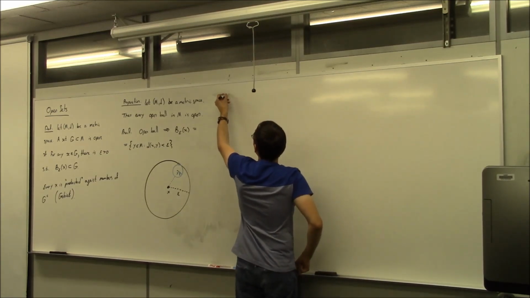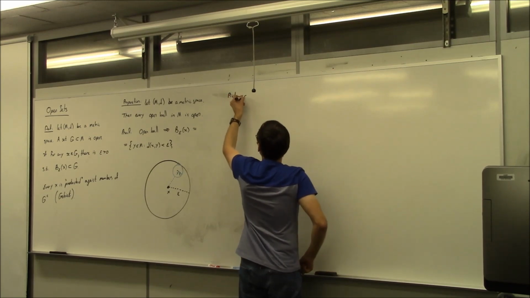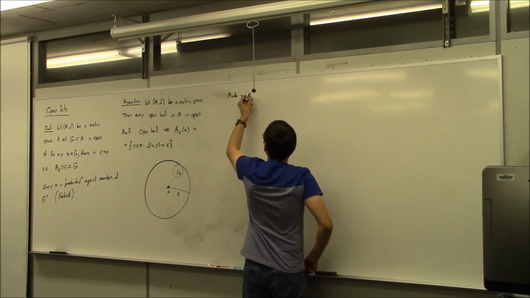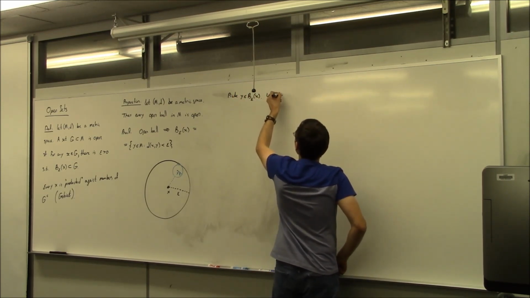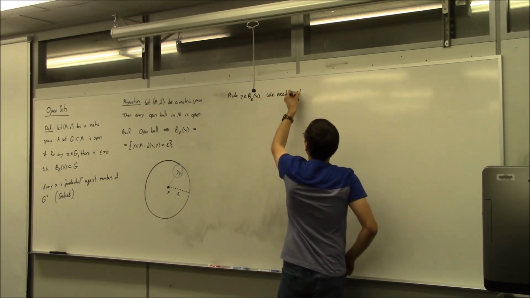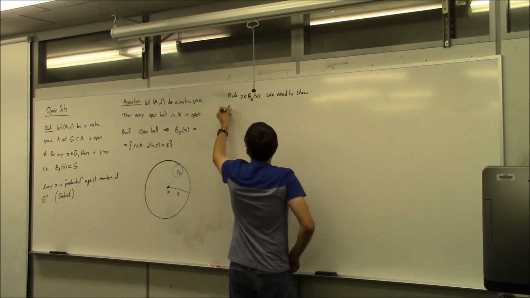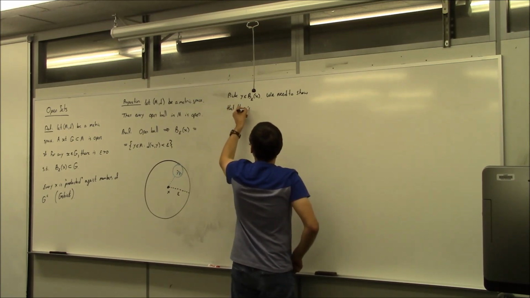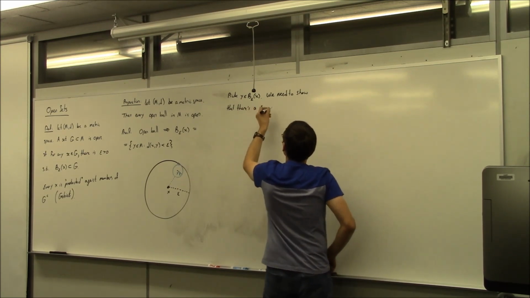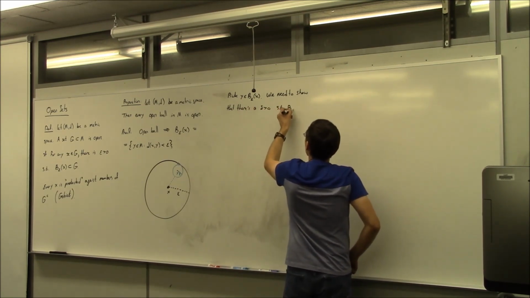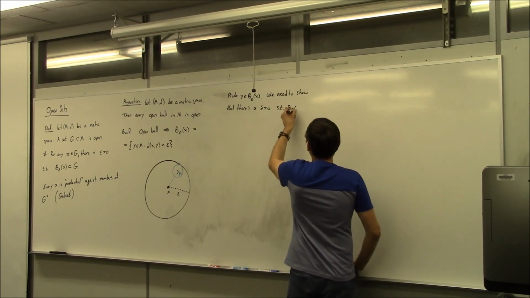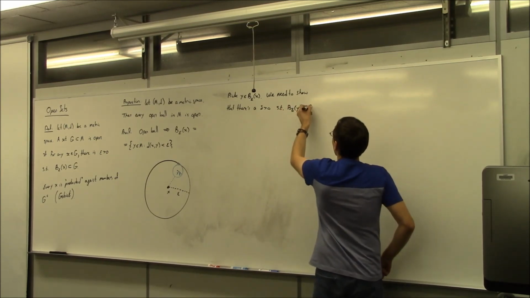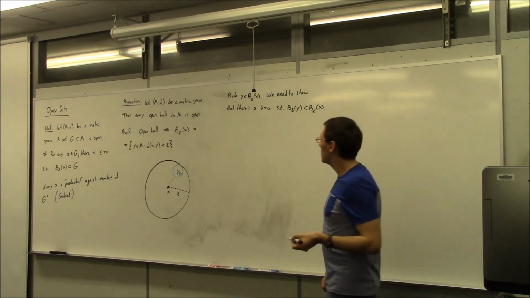So pick Y belonging to the ball of radius epsilon around X. We need to show that there's a delta bigger than 0 such that the ball of radius delta around Y is entirely contained in the ball of radius epsilon around X. Make sense? This is the picture.